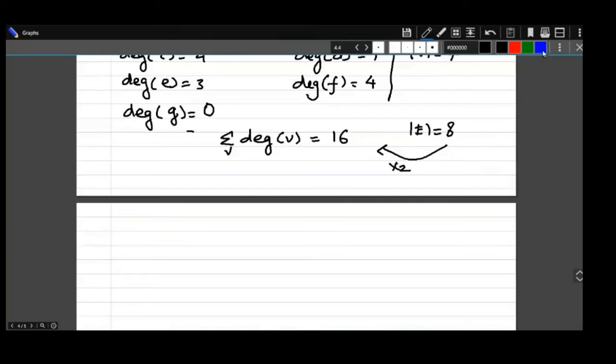Okay, so now I'll just write one theorem over here.